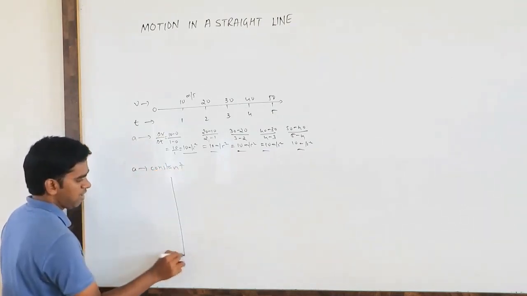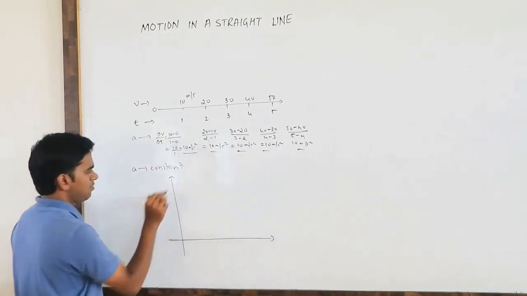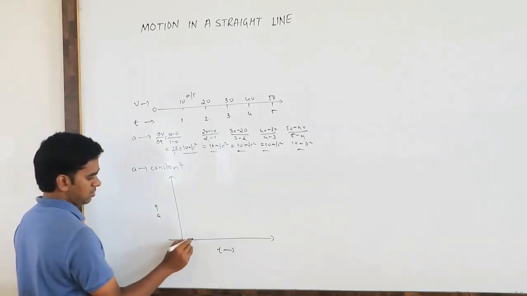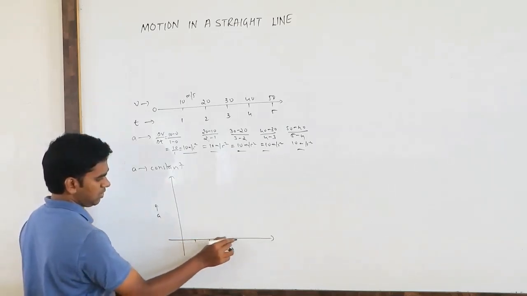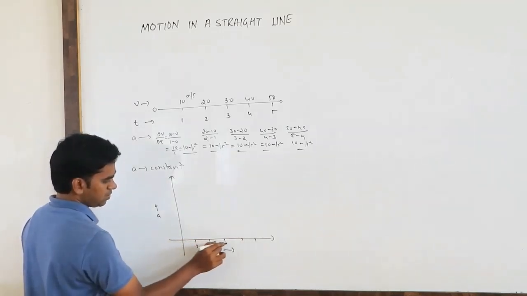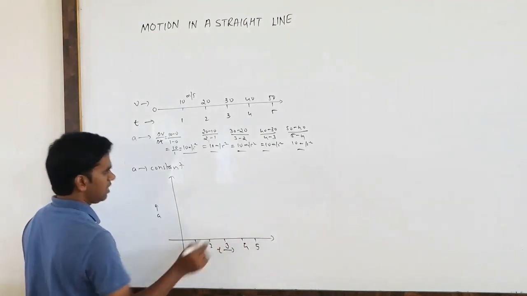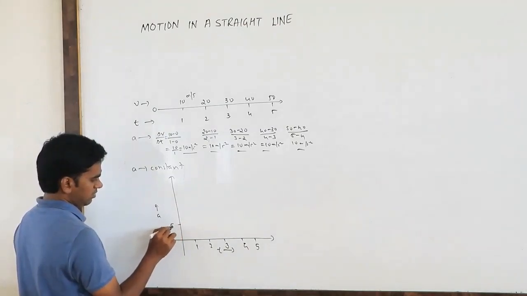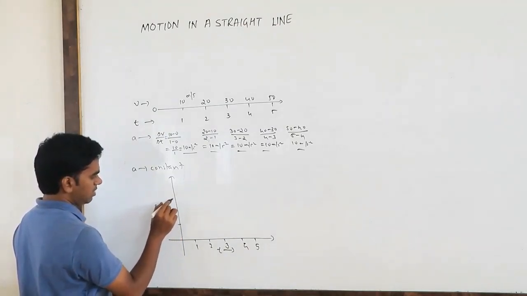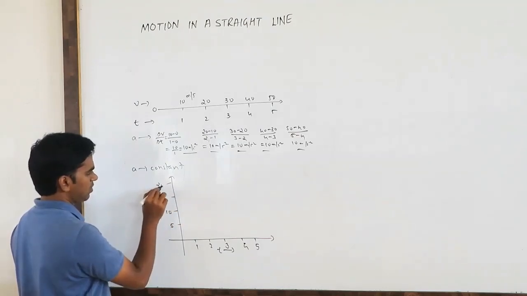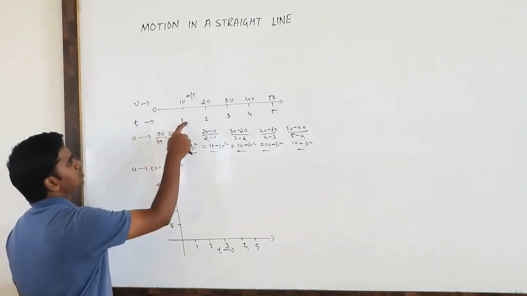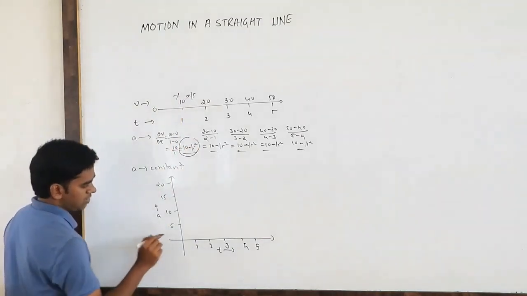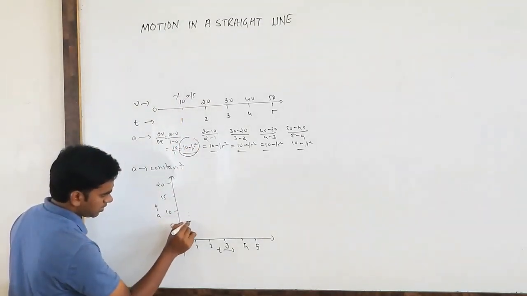Now if you plot the graph of acceleration versus time, this is 1, 2, 3, 4, 5 seconds. Acceleration you can take as 5 meter per second squared, 10, 15, 20 meter per second squared. When time is 1 second, the value is 10 meter per second squared, so it is going to be here.